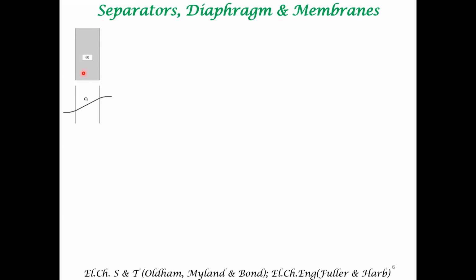So in a typical system, if you have, let's say, two electrodes and electrolyte in between, the concentration profile is something like this. Often you want to use something more than just the electrolyte to separate the two electrodes.